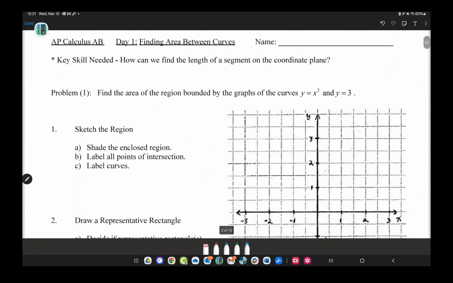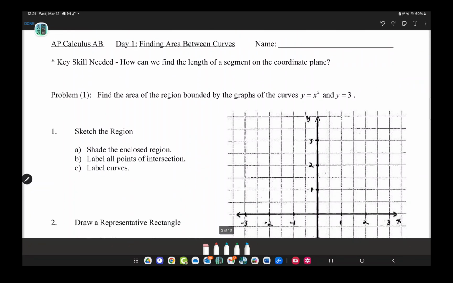All right. Finding area between curves. Key skill needed. How can we find the length of a segment on the coordinate plane? We kind of just figured this out, right? If the length is vertical, okay, top minus bottom function.